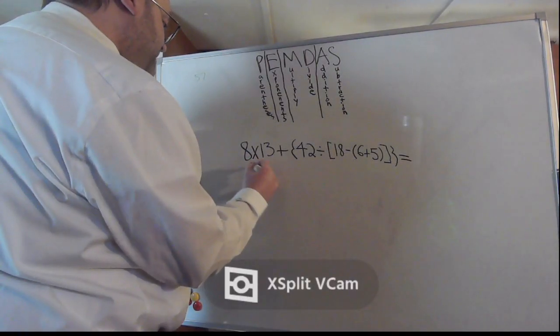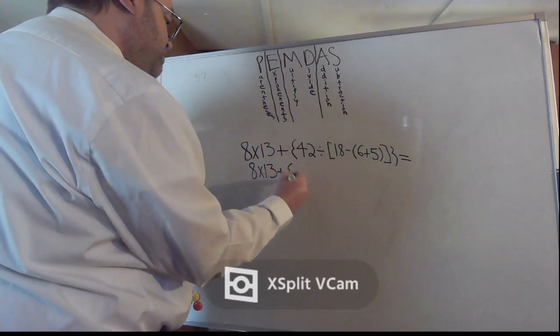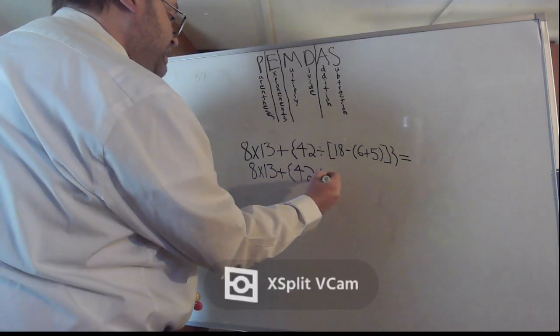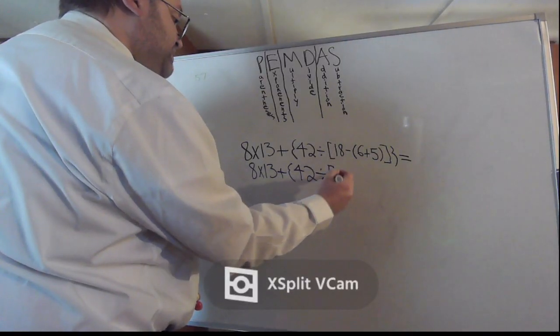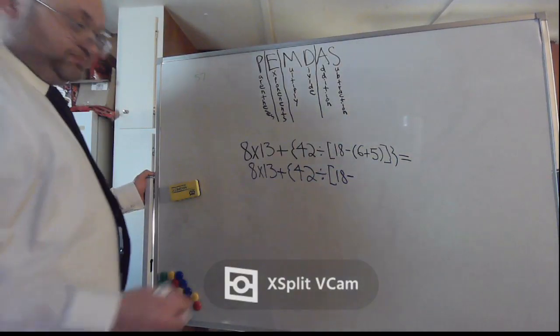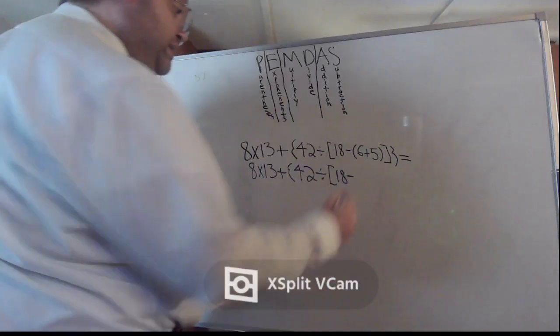So you'll have 8 times 13 plus, then we'll start here. You'll have 42 divided by, go inside the brackets, 18 minus, what is 6 plus 5? Starting with your innermost parentheses, that's going to be 11.